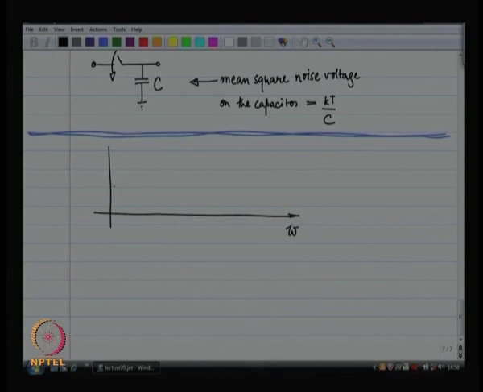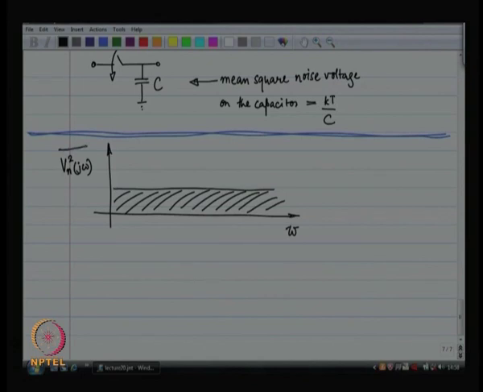If I draw the power spectral density of noise, then it is uniform, it has a value of 4 kT times R. This is the noise of a resistor.